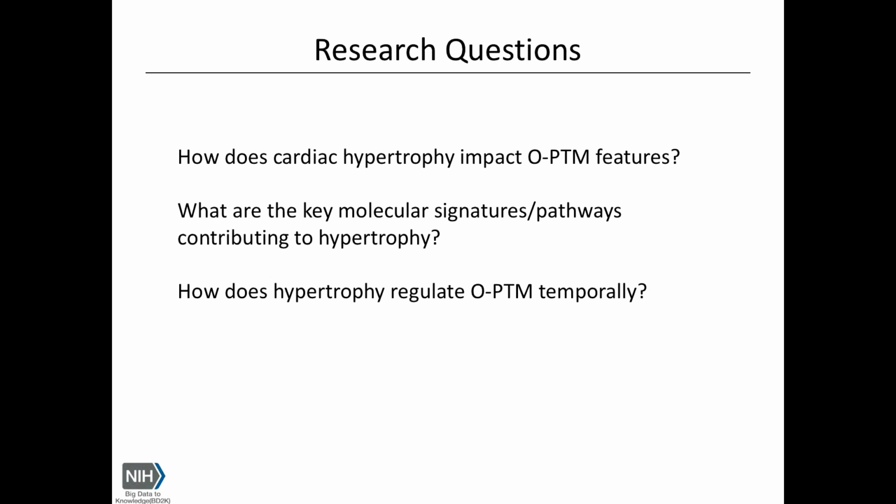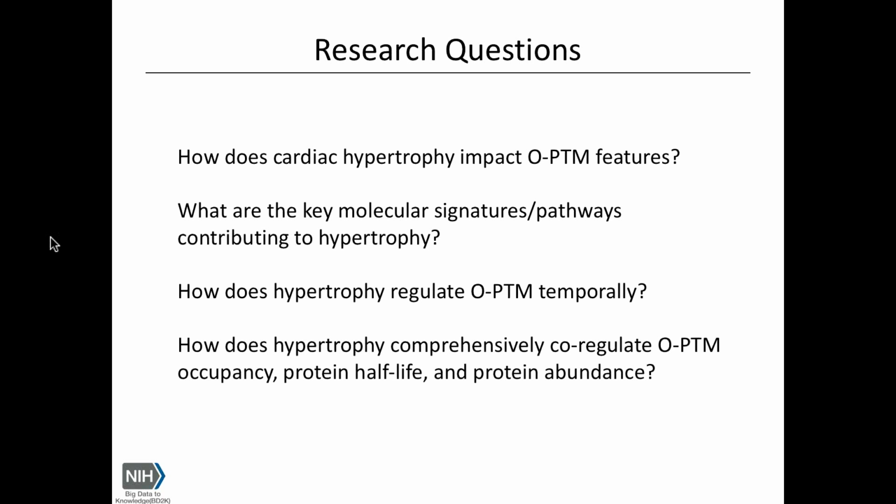We also account for the temporal aspect of O-PTM regulation by asking, how does hypertrophy regulate O-PTM temporally? And finally, as the interplay between O-PTM features and other protein properties, including abundance and half-life, forms a complex regulatory network orchestrating disease progression, we pursue an integrated proteomic analytical approach that asks, how does hypertrophy comprehensively co-regulate O-PTM occupancy, protein half-life, and protein abundance?